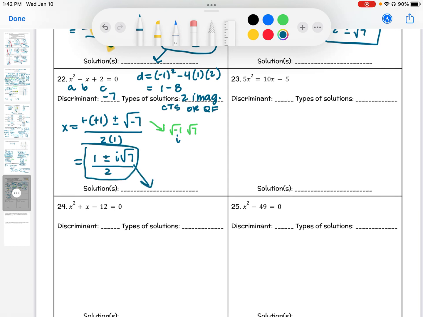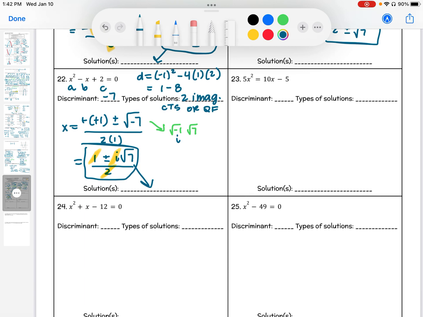And that would be our solution. So we're done there because there's a 1 in front of the i, and 2 can't be divided by all the same number. So that's as simple as it gets.